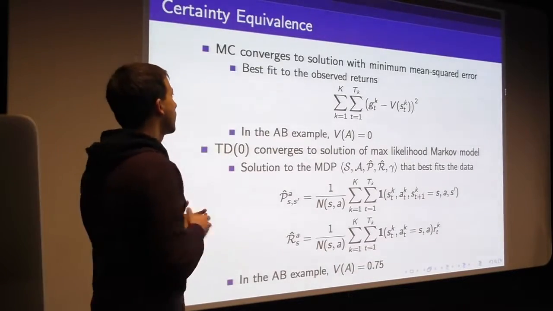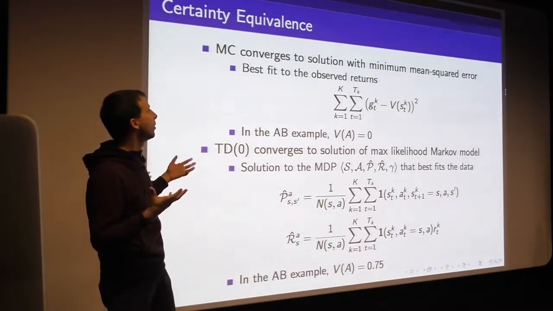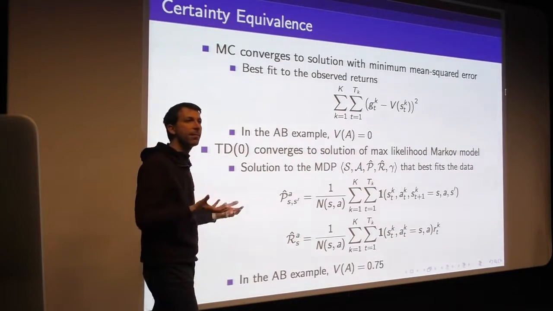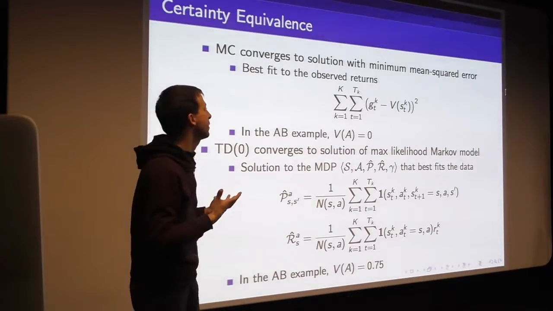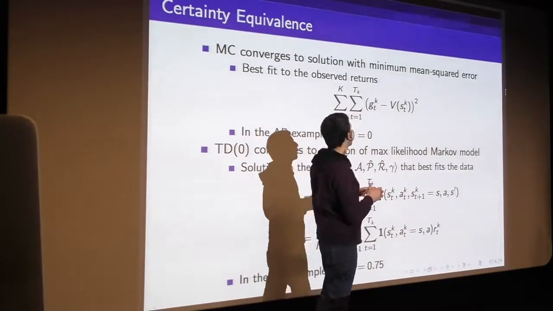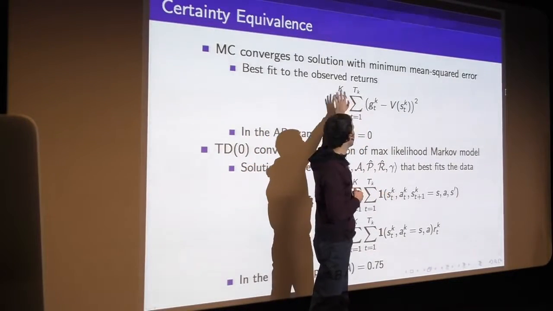Now that we understand that, we can see what these methods converge to. Monte Carlo always converges to the solution that minimizes the mean squared error. It finds the best fit to the actual returns that we've seen. So if we saw these particular returns, Monte Carlo just minimizes the mean squared error over all time steps, all episodes.